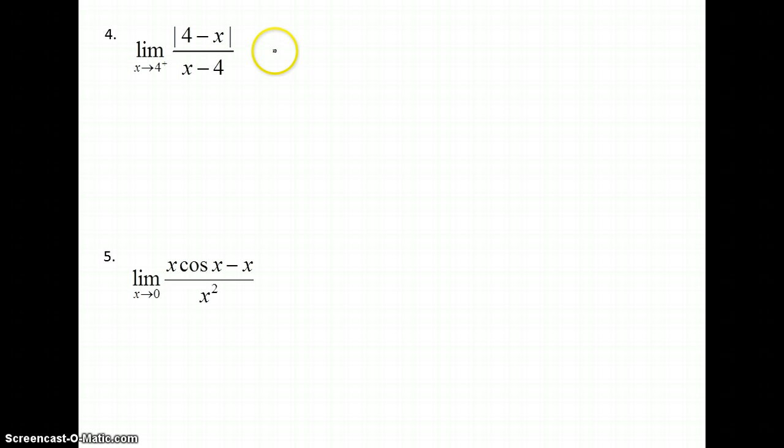Alright, number 4, limit as x approaches 4 from the right. Direct substitution gives you 0 over 0, indeterminate form. So the limit as x approaches 4 from the right-hand side. If you chose a number bigger than 4, any value bigger than 4, if I plugged it into the numerator, 4 minus 5 would give me -1.